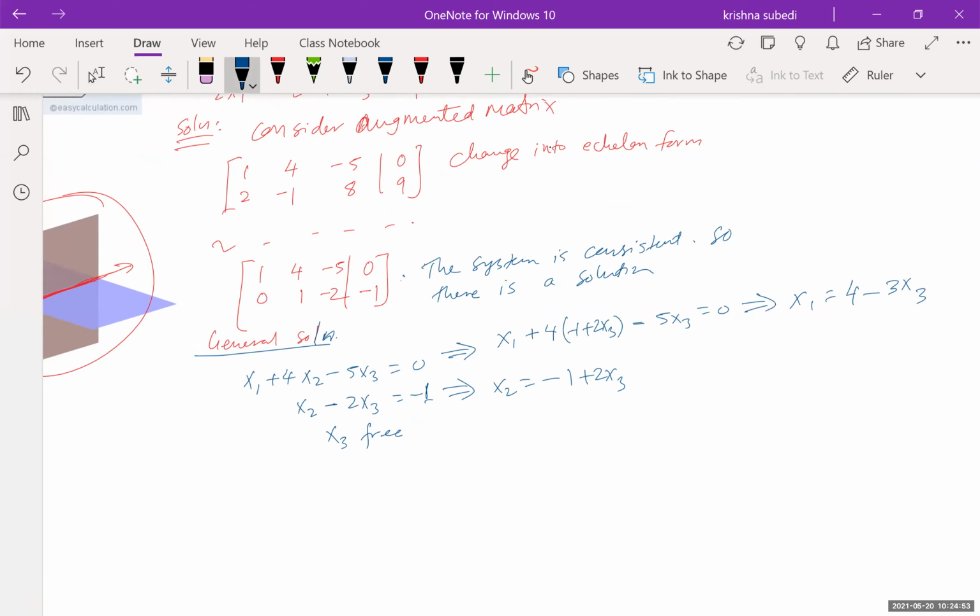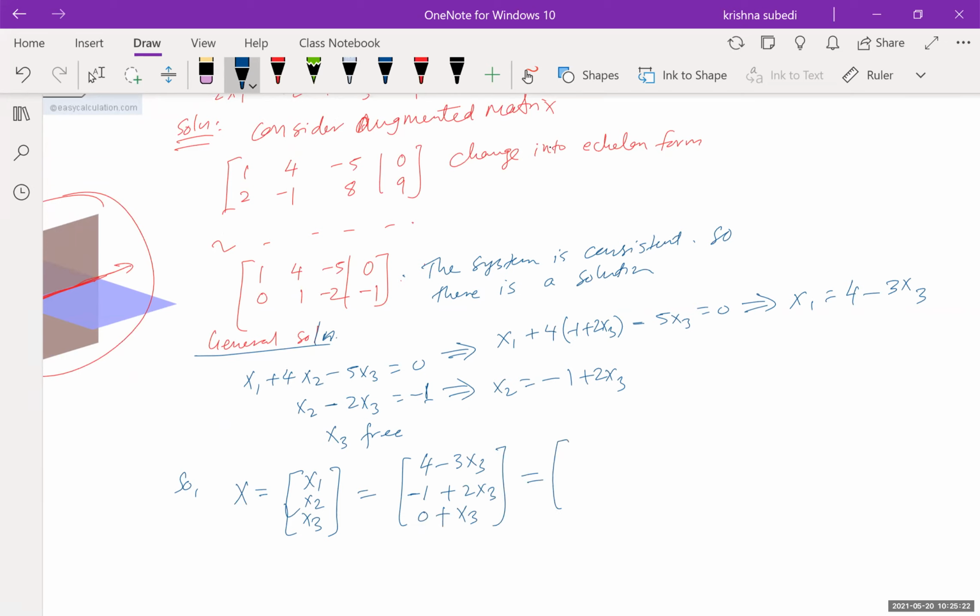So the solution here is x equals x1, x2, x3 equals x1 is 4 minus 3x3, x2 is -1 plus 2x3, and x3 free. So x3 is x3 simply, or you can write 0 plus x3 if you like.